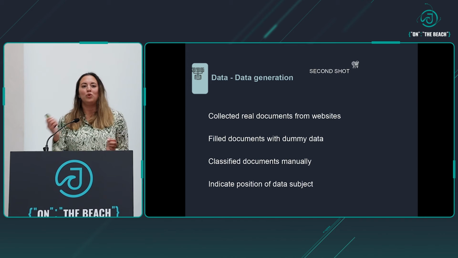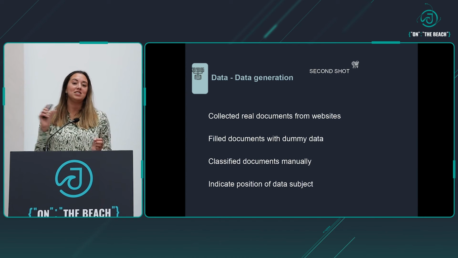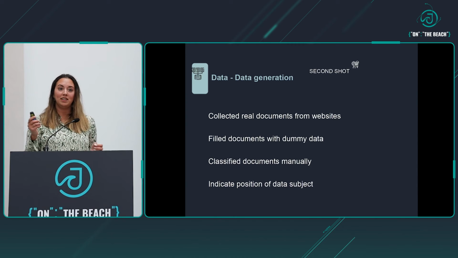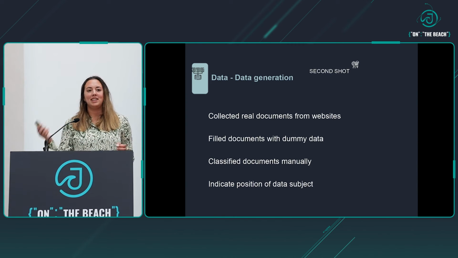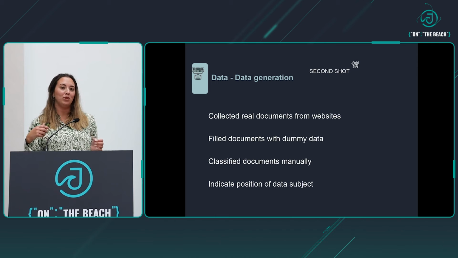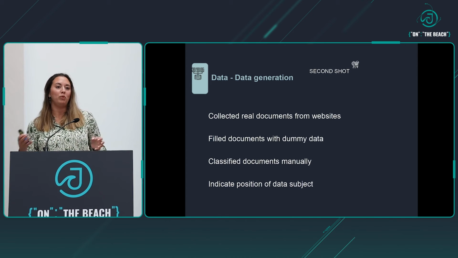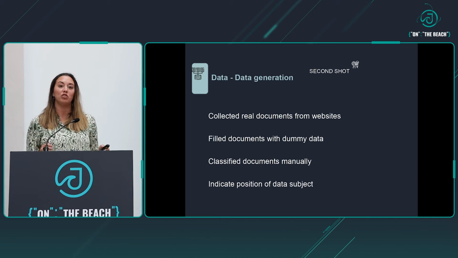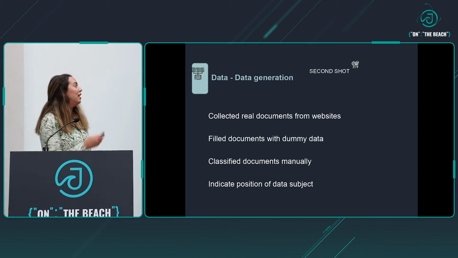Additionally, we asked them to record the data subjects, the names and surnames with which they were filling these forms, because later we would be able to label our documents with the position of the data subject. It would be very useful for training what are very well known as named entity recognizer models, which I'm going to explain later.